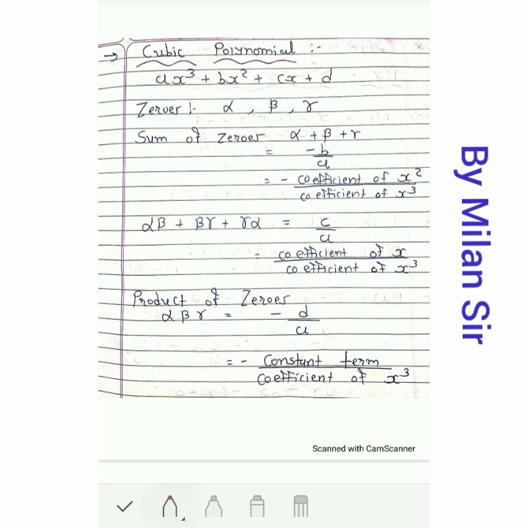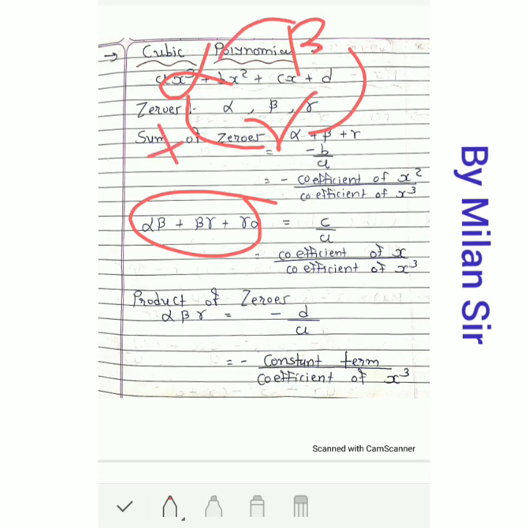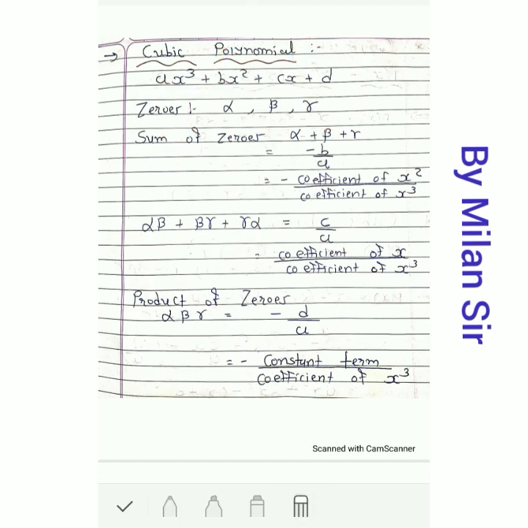Then sum of product of two zeros. Now we have three zeros, alpha, beta and gamma. So first of all multiply alpha and beta, beta and gamma, and gamma and alpha, then add these three things. It is alpha beta plus beta gamma plus gamma alpha.